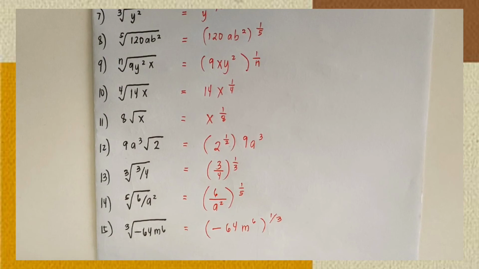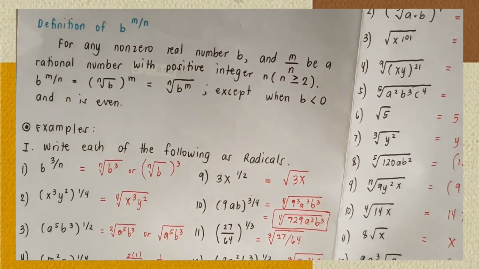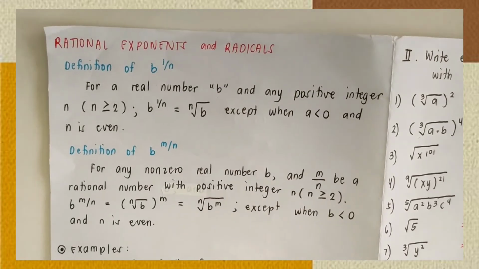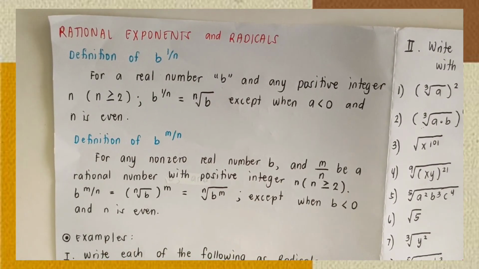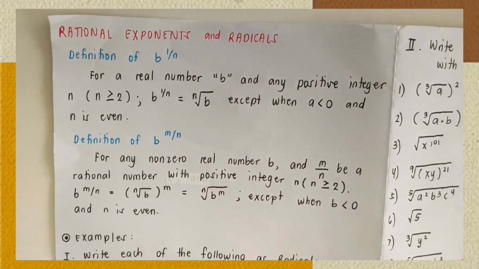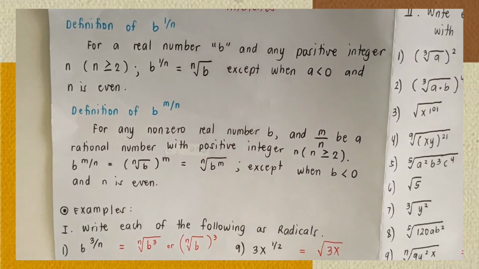Okay, I hope you learned something about our discussion for rational exponents and radicals using the definition of b raised to 1 over n and then b raised to m over n.